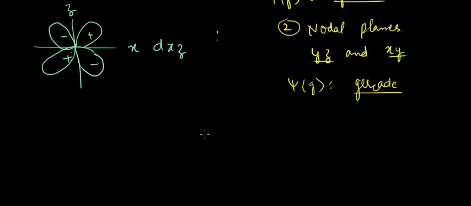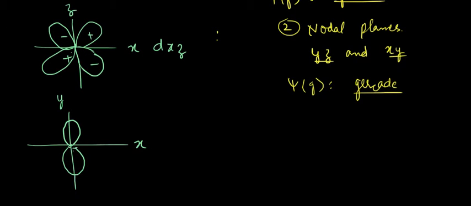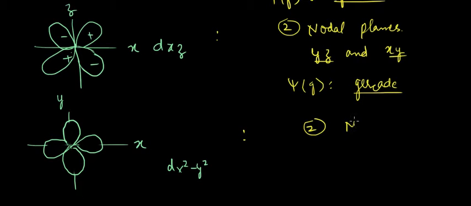So next let us see the structure for dx square minus y square, which is EG. We have already discussed that for EG electron density would be along the axis, not between the axis. So along the axis it would be something like this. This would be the shape of dx square minus y square. How many nodal planes would it have? Two nodal planes.